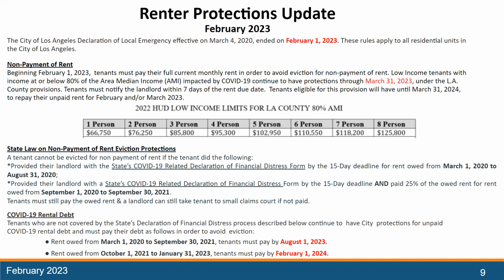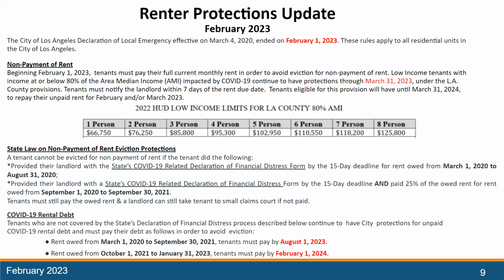However, if a tenant is low income, or what is considered a household that is at or below 80% of the area median income, and this household is impacted by COVID-19 financially, then there's additional protections against eviction for non-payment that run through March 31st, 2023.